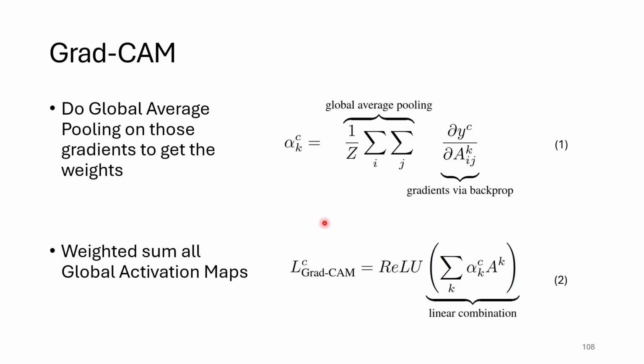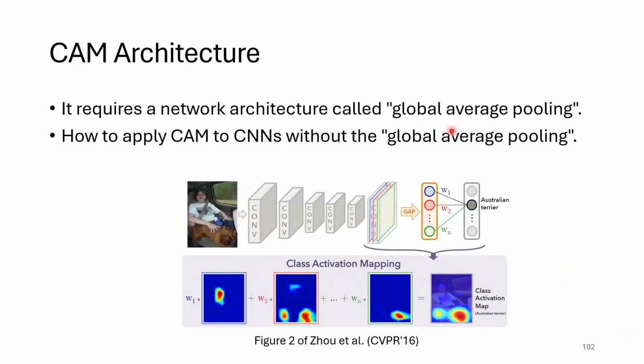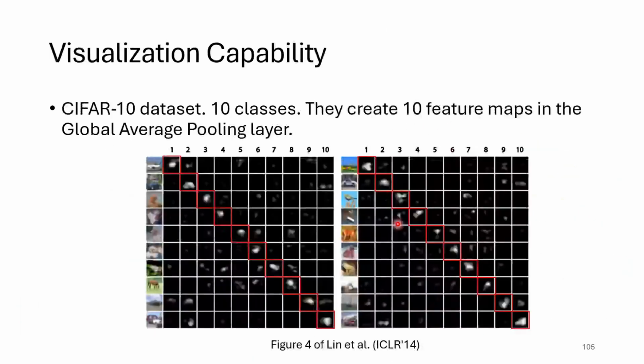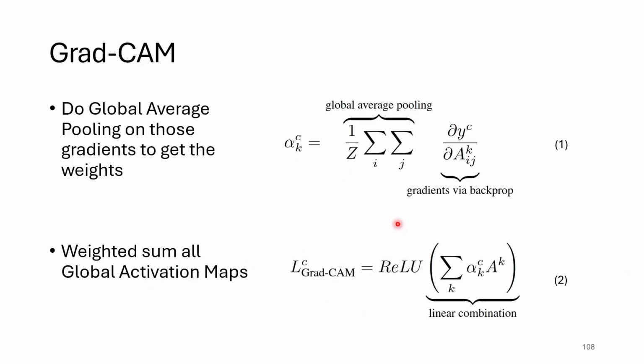Then they use global average pooling again. So this is why the method is called Grad-CAM, because this is the gradient. They use the gradient to simulate or replace the signals in the global average pooling layer.